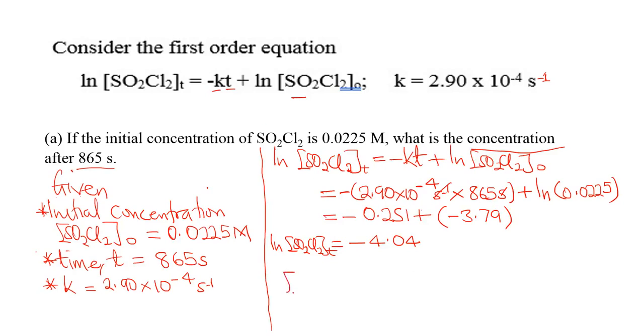Now, the concentration of SO2Cl2 at time t is given by e to the power negative 4.04.